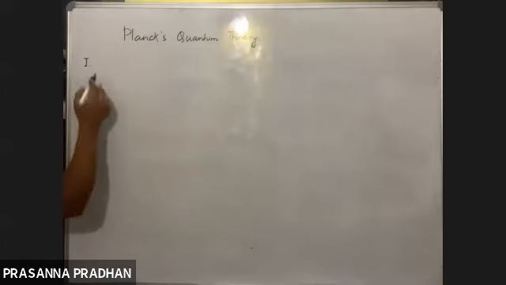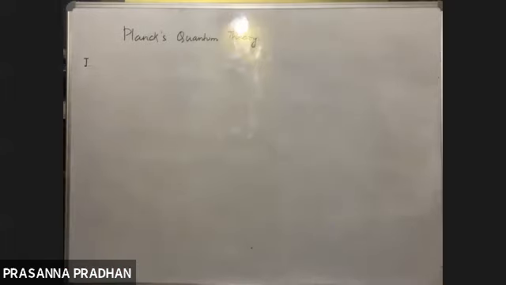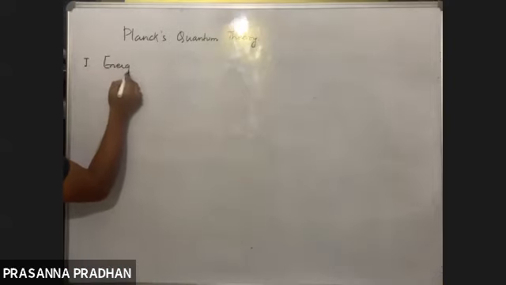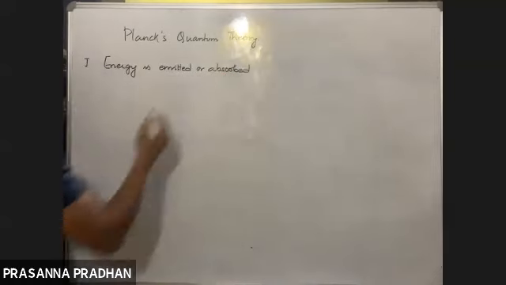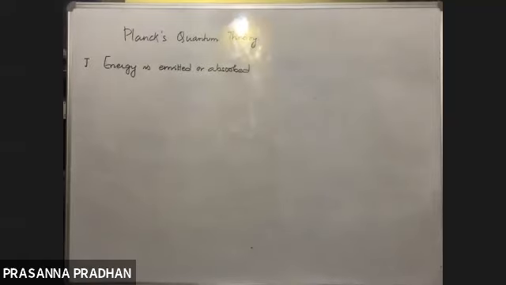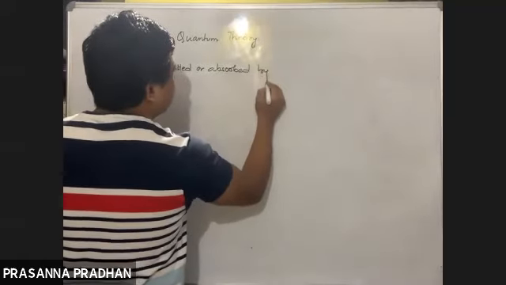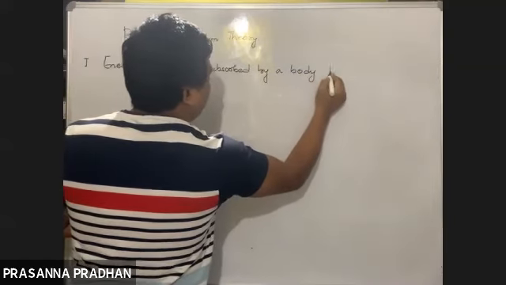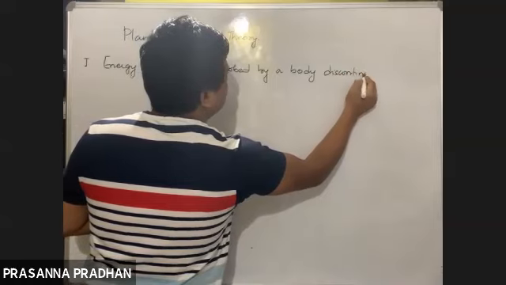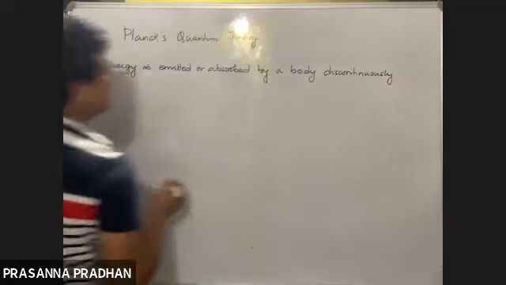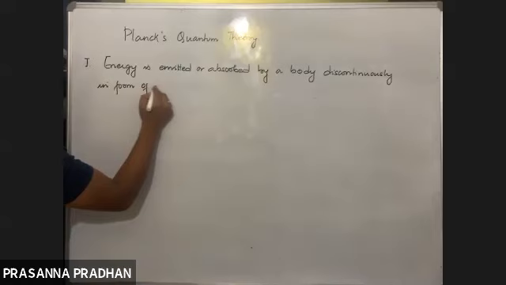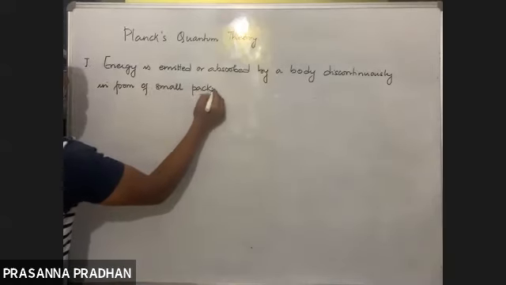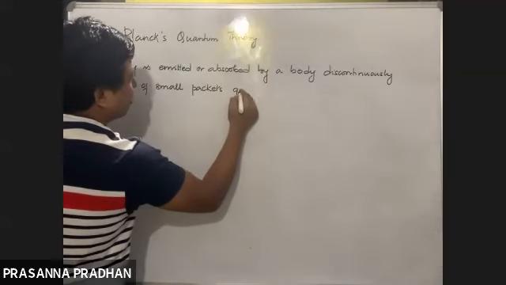According to this theory, number one, energy is emitted or absorbed by a body discontinuously, in the form of small packets or bundles called quantum.